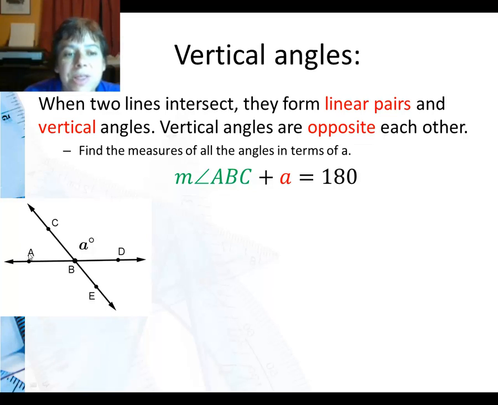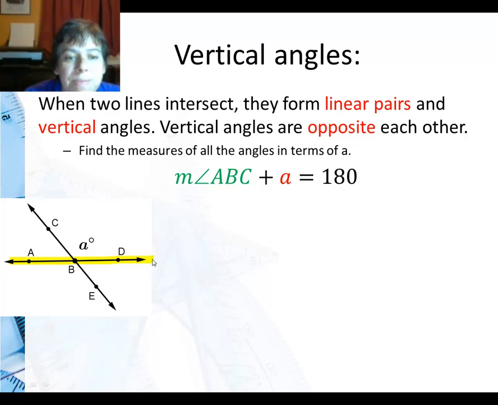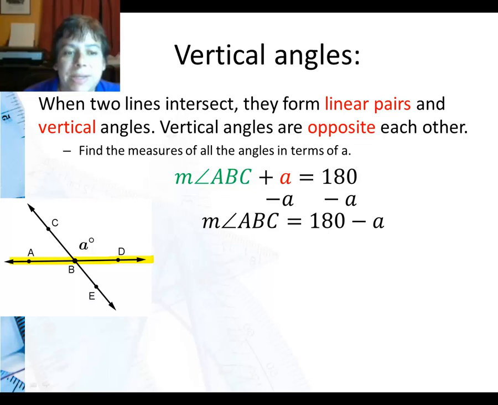Well, I know that this angle right here plus this a degrees has to be 180, because you can see right here there's a straight line. So that must add up to 180. Then I subtract a from both sides, kind of like I'm finding the expression for an angle, and I get 180 minus a. So I'll go ahead and fill that in.